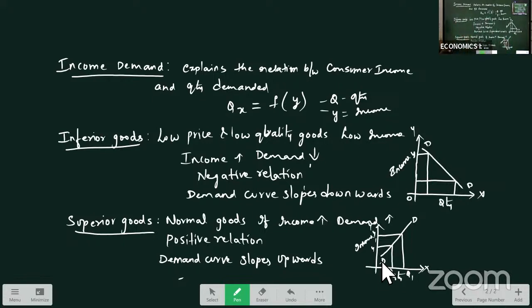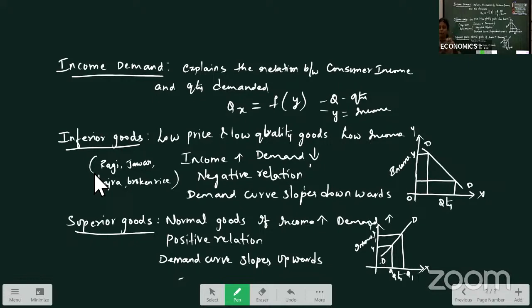So demand curve will be sloping upwards in case of superior goods. When you write this answer, try to give examples. For inferior goods, we can take ragi, jawar, bajra, broken rice. You have to write the examples also. See, inferior good depends upon the income level of the people.